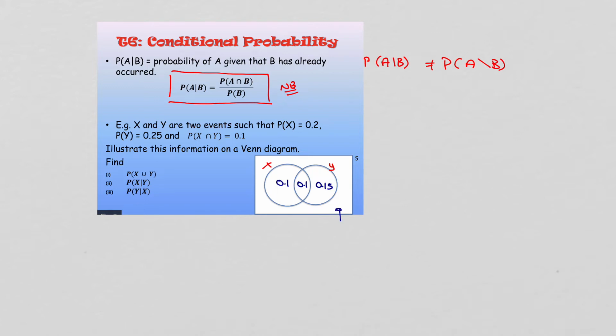So the rest of the universal set, all of that must be 1 minus (0.1 plus 0.1 plus 0.15). In other words, 1 minus 0.35, which gives us 0.65. So therefore we place 0.65 anywhere outside of X and Y.